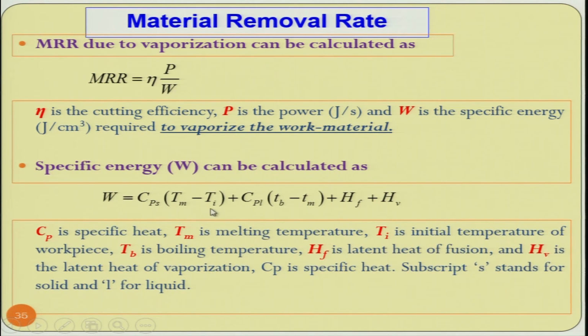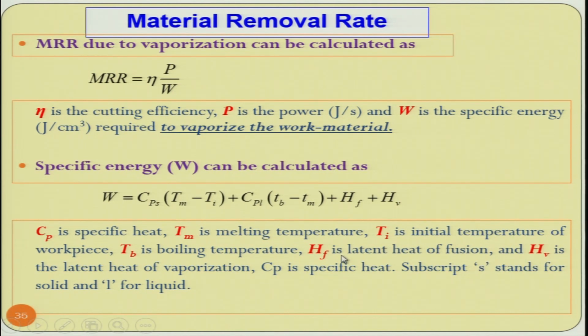C P S, C P L, H f, H v, T m and T v are the properties of the workpiece material. C p is the specific heat, and S stands for solid, and L stands for liquid. T m is the melting temperature, as you can see in T m minus T I, and T I is the initial temperature of the workpiece or the temperature in the machining chamber, and T v is the boiling temperature of the workpiece material.